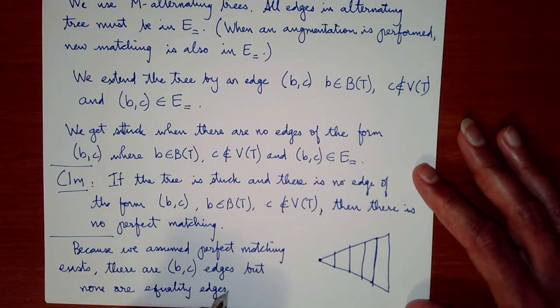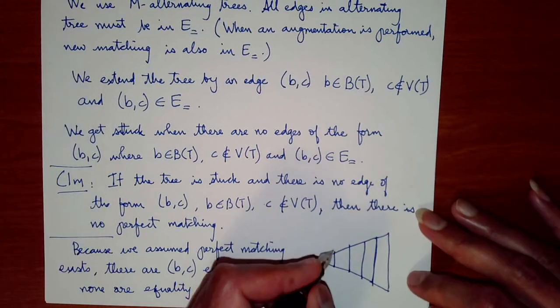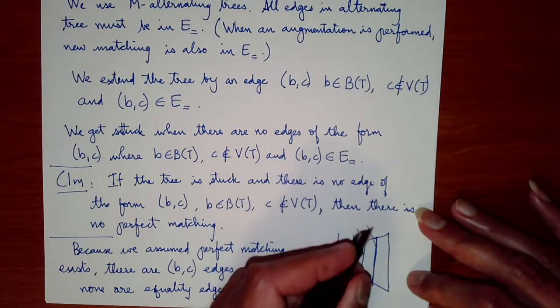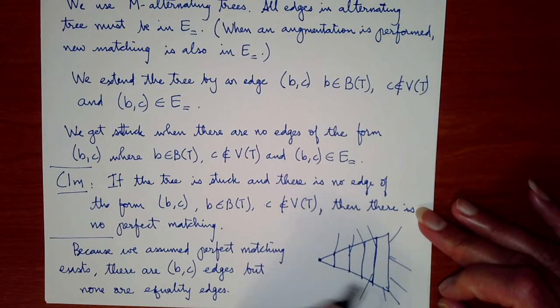Right? Because if there was an equality edge, we would just extend the tree. So there are edges coming out of here, but these are not equality edges.